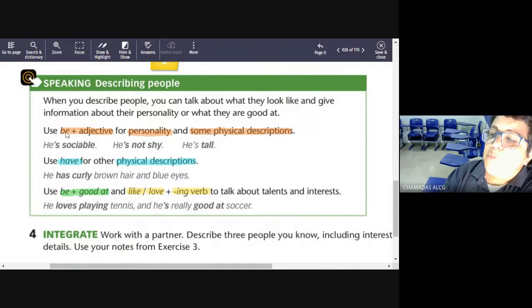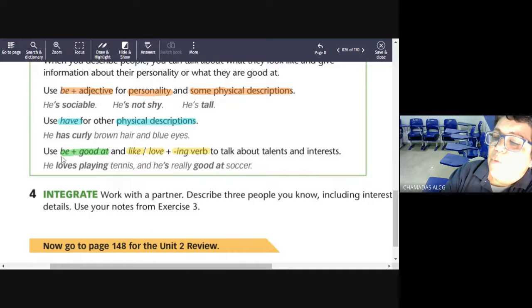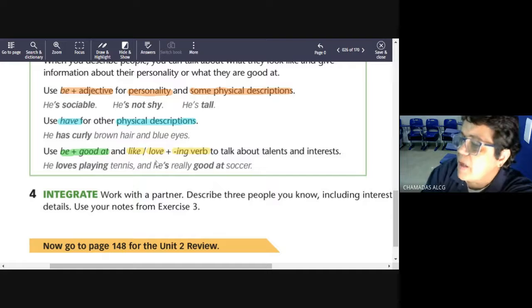Okay, verb to be plus adjective, the verb have for physical descriptions, and also when I say be good at something, when I want to say that the person has a talent, or if the person likes or loves something, I will put there too, just to help describe the person, okay?